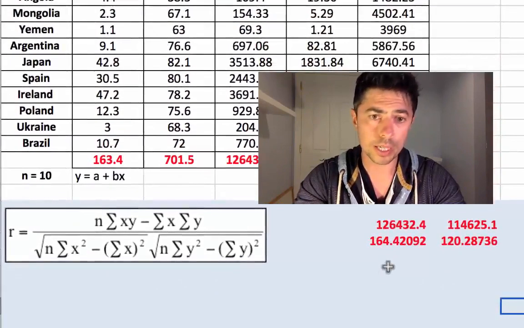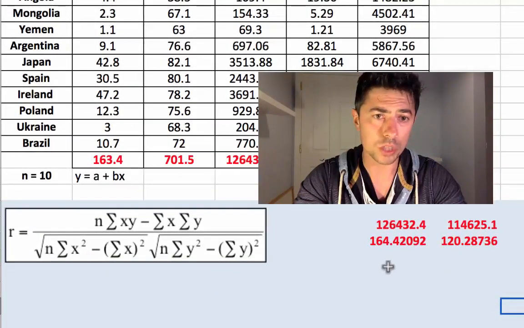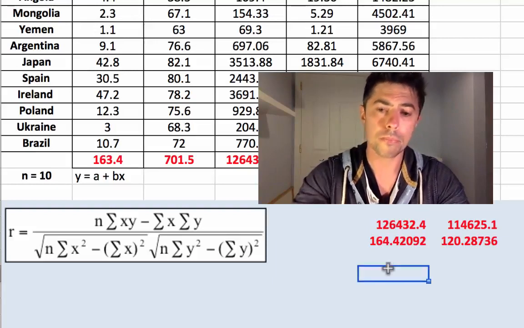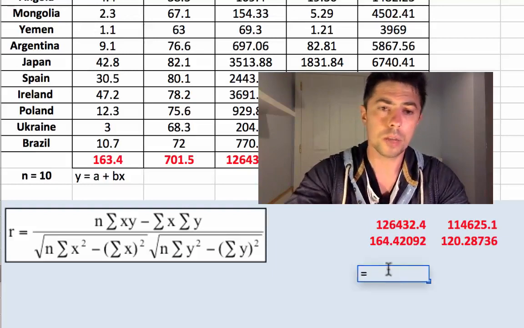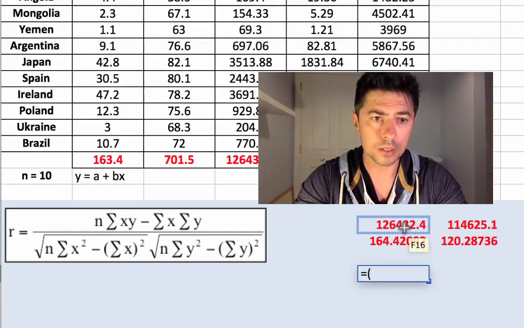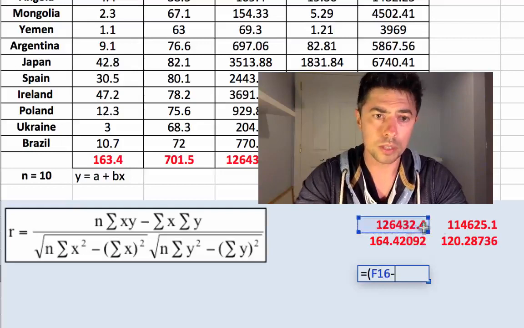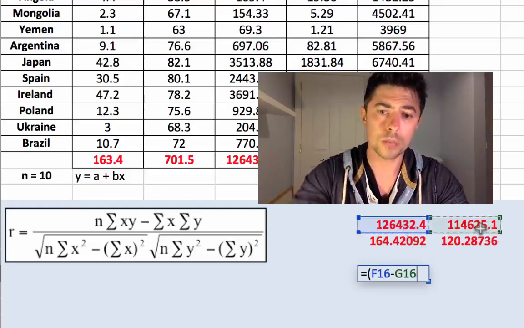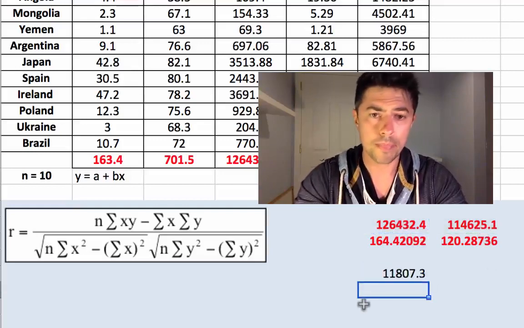Let's just put them all together and we'll get the r value. It should be between 0 and 1 since we are here expecting a positive relationship between the two. So the top line first, we have n sum xy minus sum x times sum y. And on the bottom, we're going to multiply these two values that we just calculated.